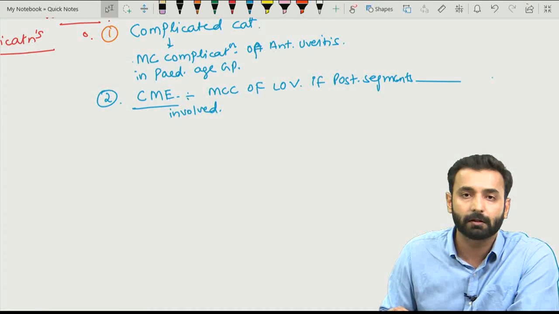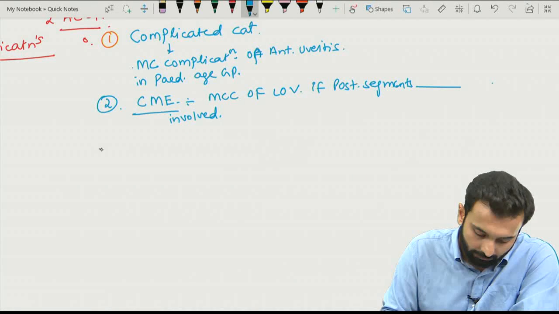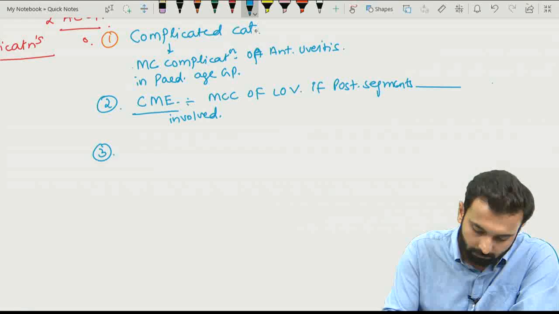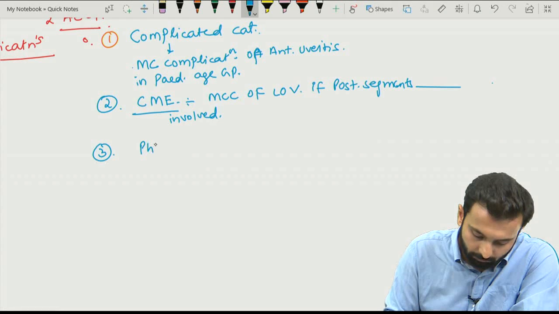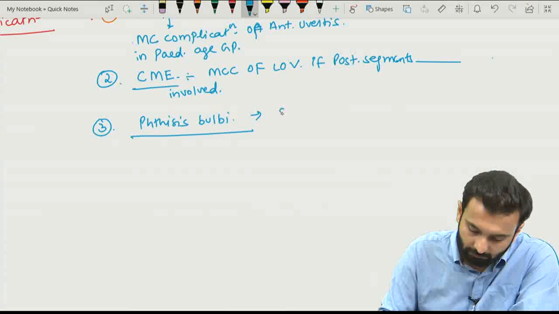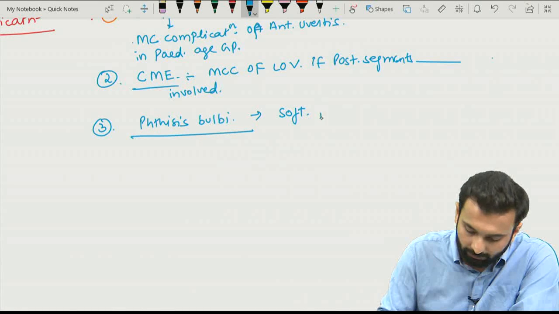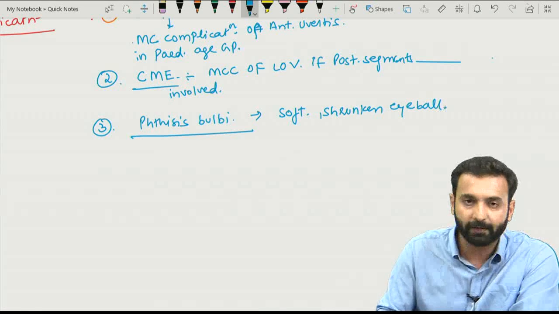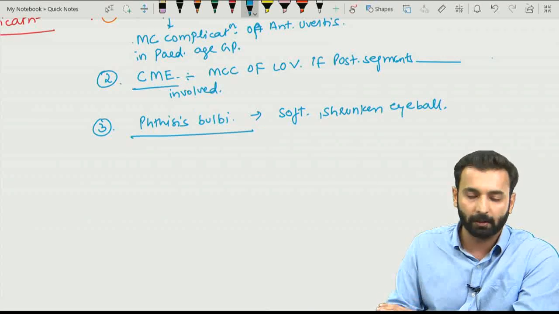CME, cystoid macular edema. And eye can also go into phthisis bulbi. This is the end stage. What is phthisis bulbi? This is soft and shrunken eyeball.